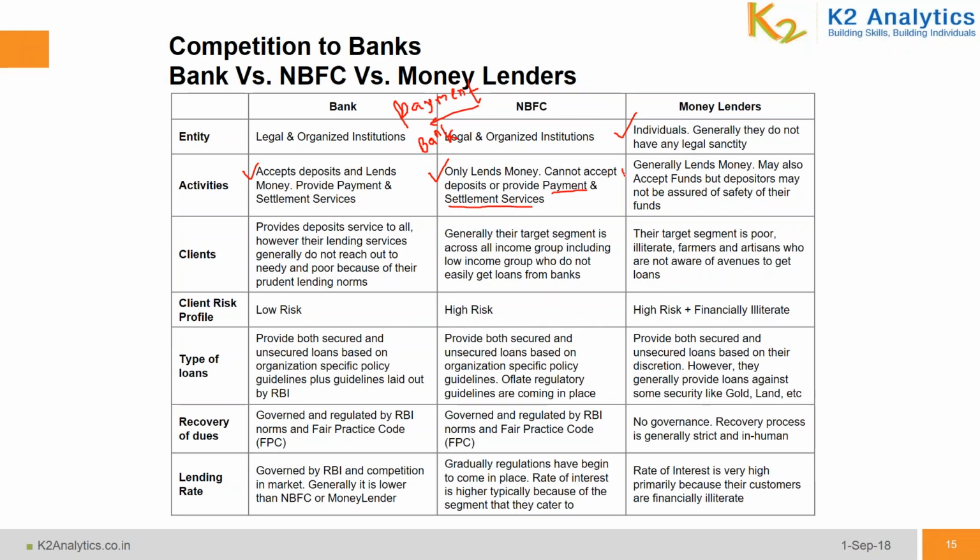Money lenders typically are entities which lend money. They may also accept funds, but in that case, depositors may not be very assured whether they will get their money back.